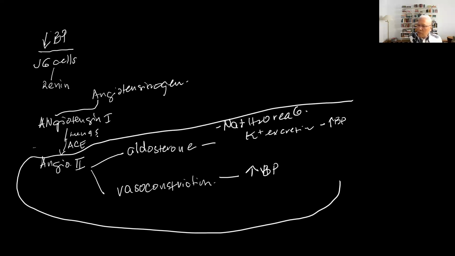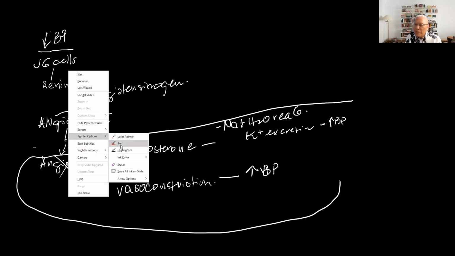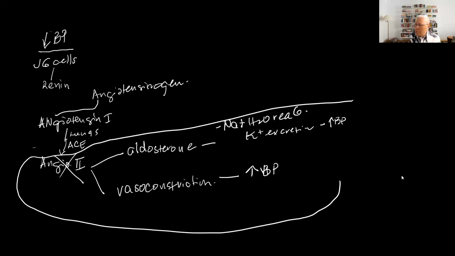We are now giving a drug that interrupts angiotensin 2. So notice, if you interrupt angiotensin 2, aldosterone is no longer released, and therefore there's going to be an increase in the elimination of water as well as sodium.